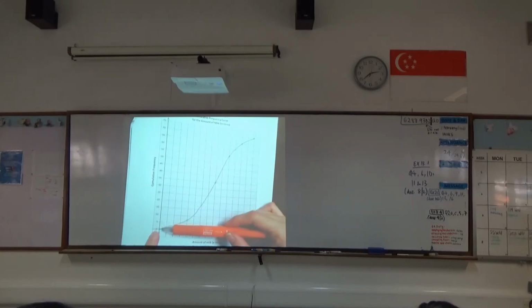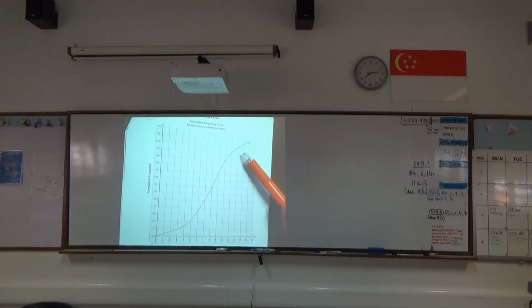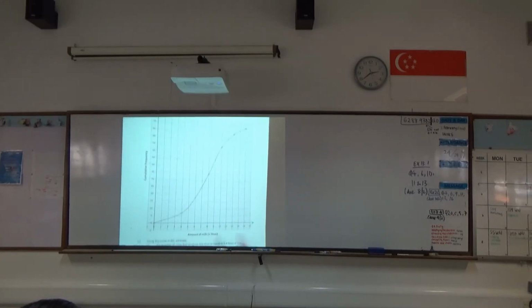Sometimes it may start here, sometimes it may not start at the origin, which you have seen in the previous examples as well. For example, in your example 2. I want to also point out that in the cumulative frequency curve, the numbers that we get are purely an estimate. If I want to find out the number of cows that can produce 5 liters or less of milk, and I read 5 liters and find this number, that will actually be 11.